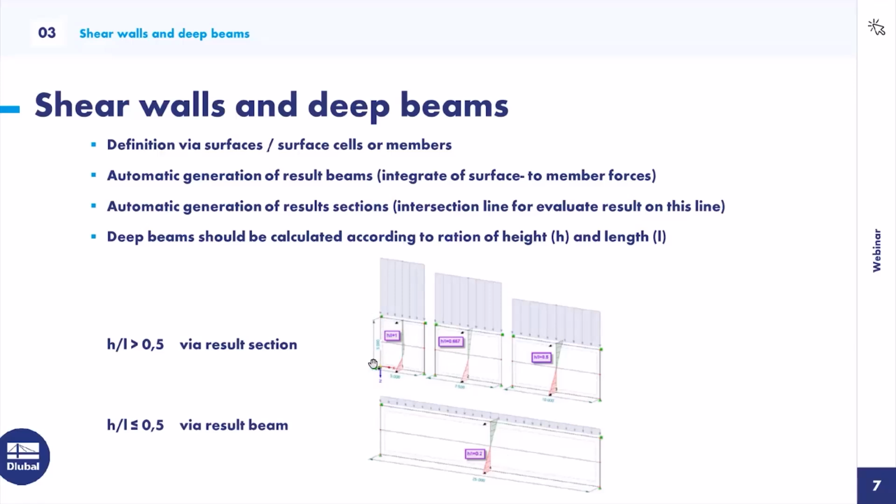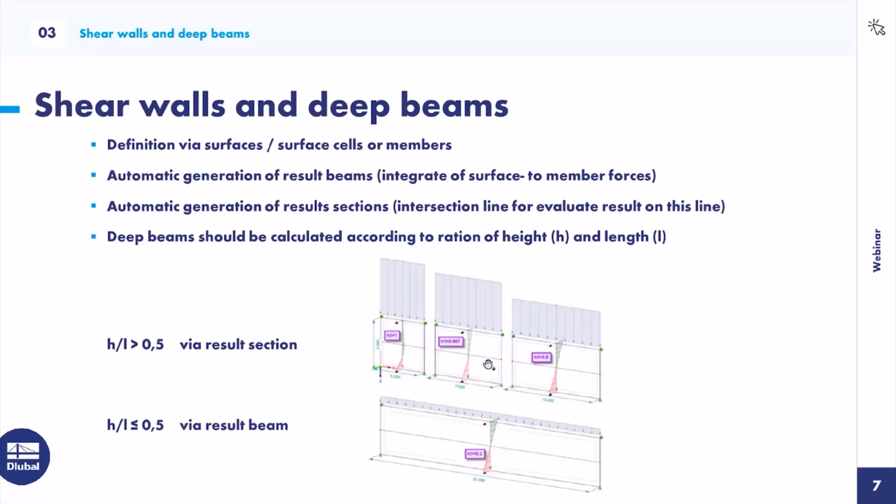But when you have a height to length ratio bigger than 0.5, we use result sections to have a better, more realistic result for these effects.